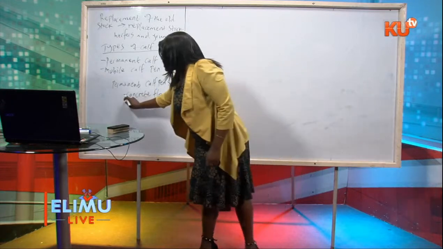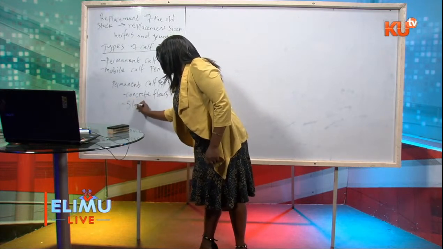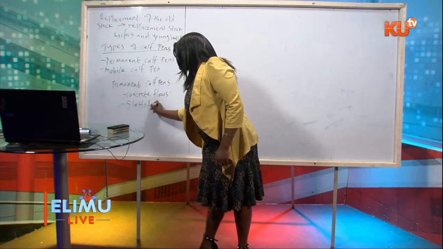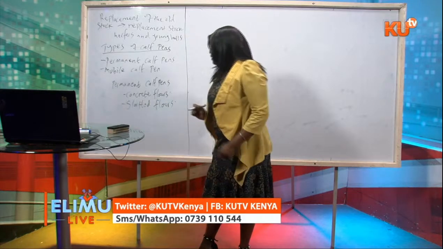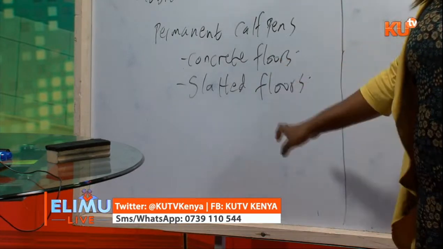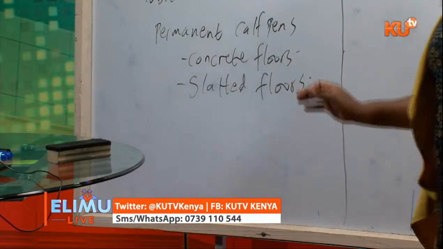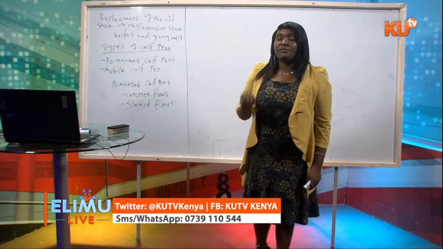We also have another permanent calf pen which has slated floors. Both of these calf pens, the one with the concrete and the one with slated floor, are generally meant to ensure that there is proper drainage.